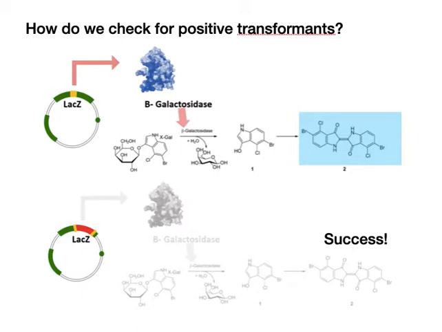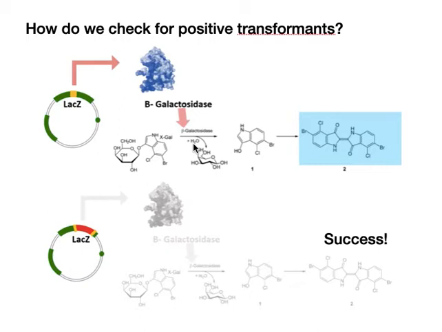And then, how does it become a determinant for the blue-white screening? Beta-galactosidase hydrolyzes what we call X-gal. This X-gal will be hydrolyzed in the presence of water. So you see here, from this portion right here, it becomes just one, because of the addition of water, or because of the hydrolysis.